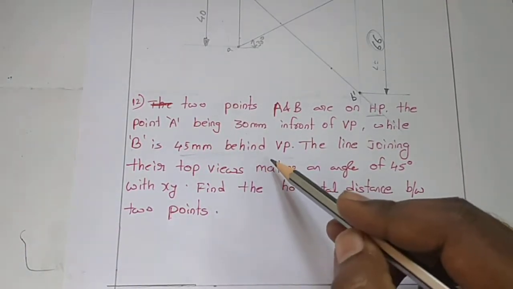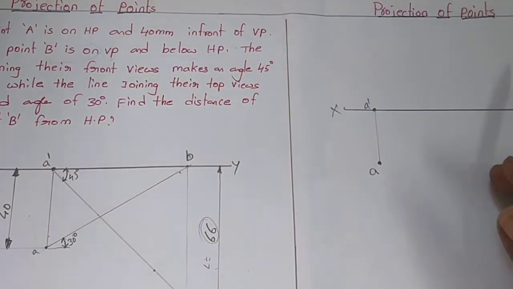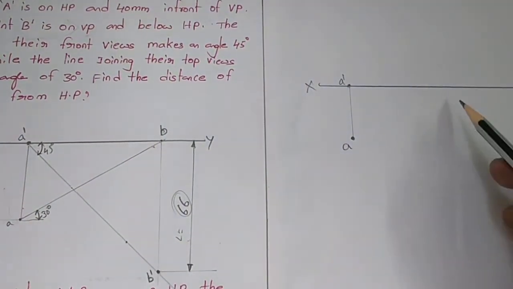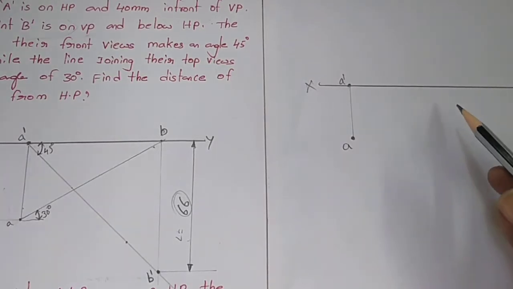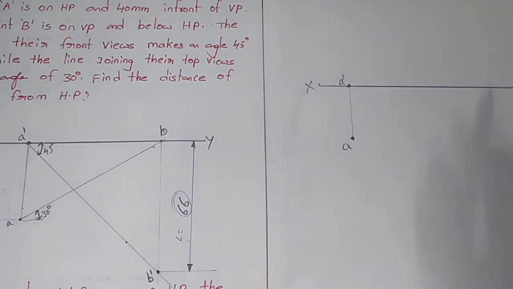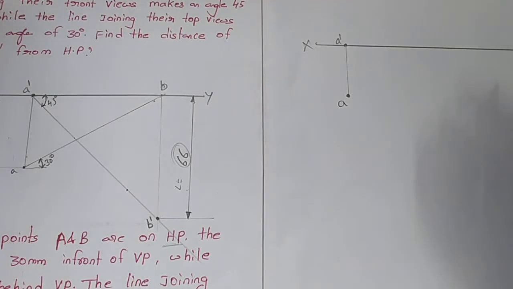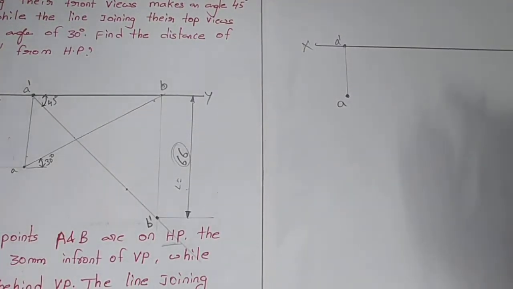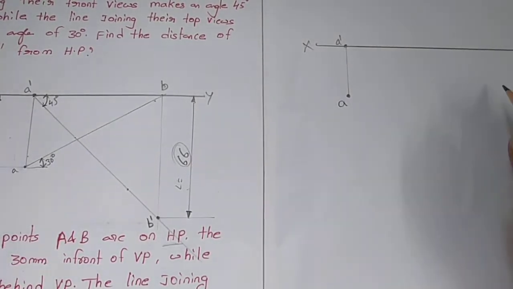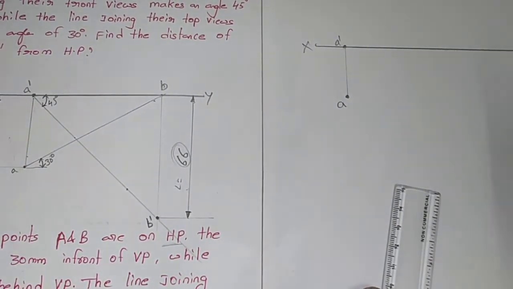Definitely it will be above the XY, because in the second quadrant both the vertical and horizontal planes are above the XY, so the top view will definitely come above the XY. So point B is on HP, so the front view is on the XY line and the top view is behind the XY.